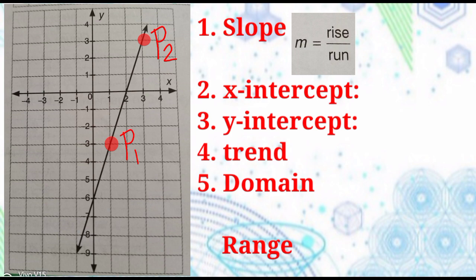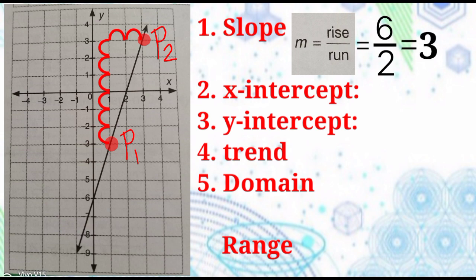Bilangin kung ilang units ang rise at ang run mula kay first point papunta kay second point. Ang rise ay 6 units, ang run naman ay 2 units. Therefore, the slope is equal to 3 because 6 over 2 is 3.